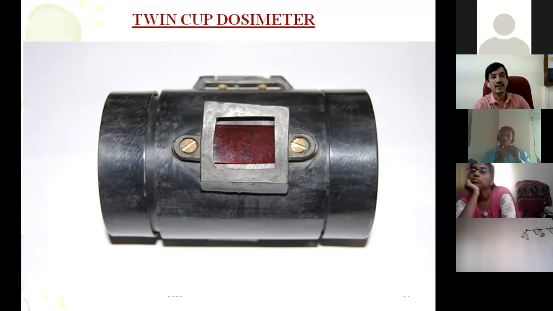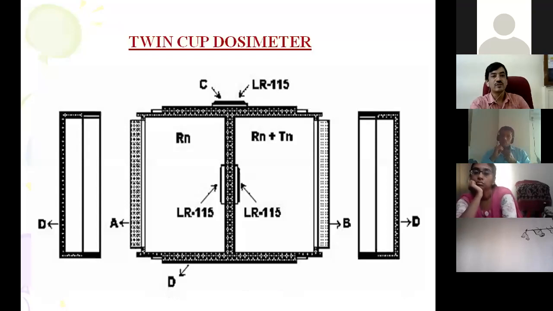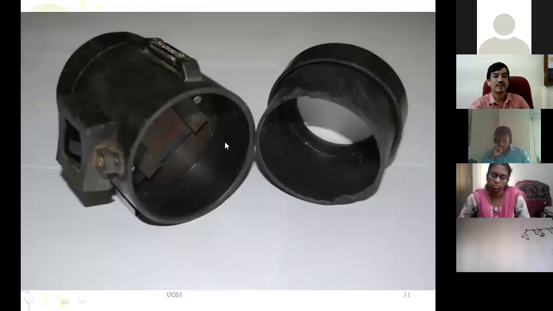We call this a pin cup dosimeter. That means this instrument has two chambers. This is one chamber and this is another chamber. Separating the two chambers, there is a wall made of the same material. In this picture you can see that in between there is a wall.